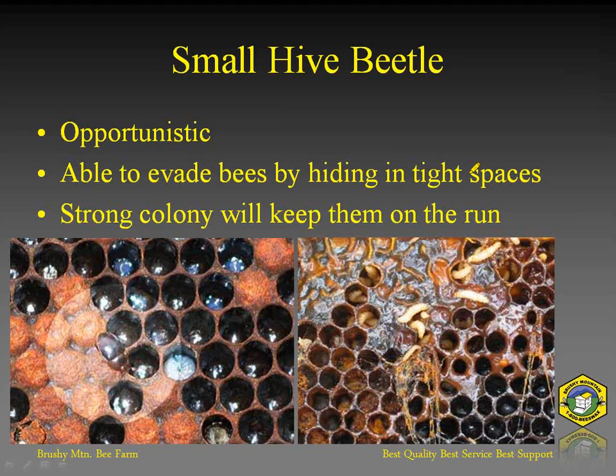Well, now what's happened is you've taken your honey super off the hive, and in doing so, if you've done a good job, you've also removed the bees from that honey super, because you don't want to bring those bees back to your honey house or your kitchen or garage, wherever you're doing your extracting. So you've gotten the bees out of that honey super, but you may not have gotten the beetles out.